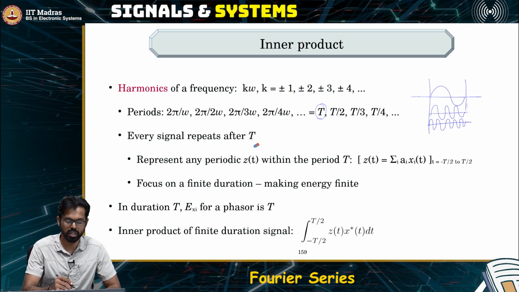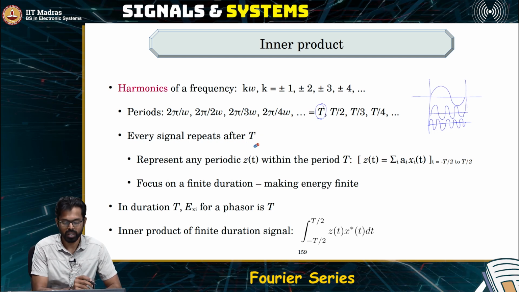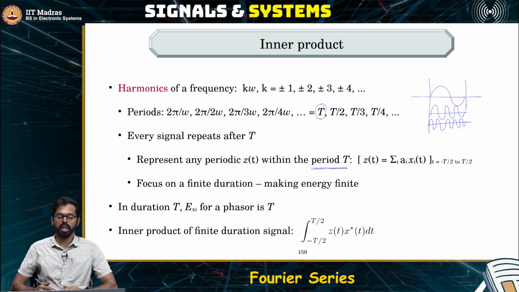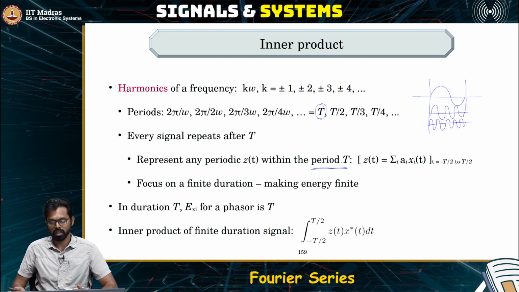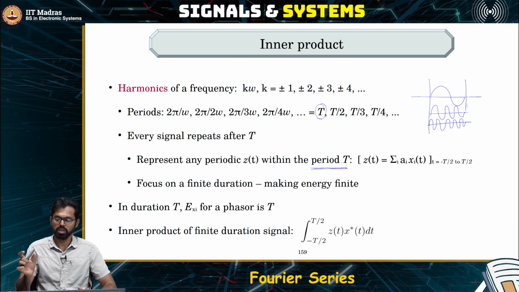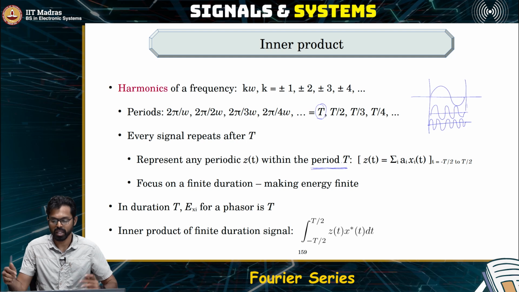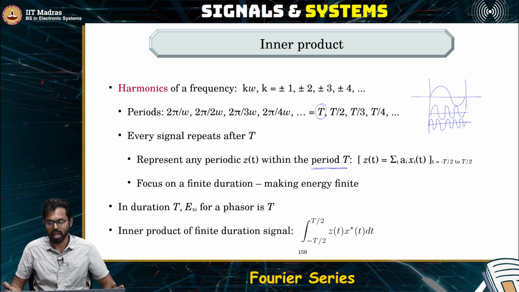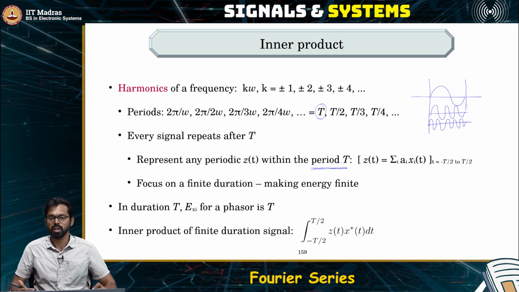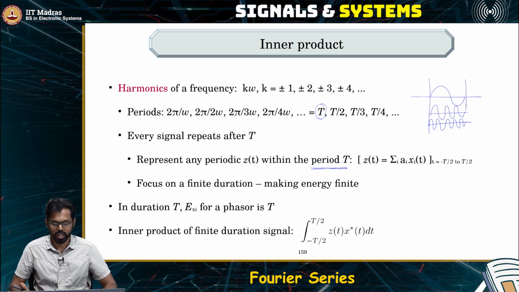What are we going to do? We are going to focus only on one period, because the entire signal is anyway going to repeat after the period T. So why bother about the repetition? Just focus on something which is not a repetition. We can anyway copy paste whatever is happening outside. So this is how we are going to overcome the problem of infinite energy.